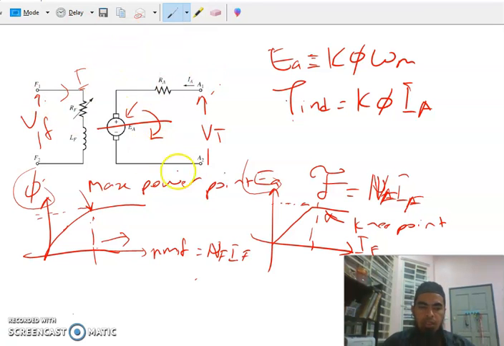So usually as an engineer, you are encouraged to find the area of this maximum power point or knee point, so that you don't have to push or invest any more in your system, increasing your field current or number of turns while getting less increment in EA or your flux.